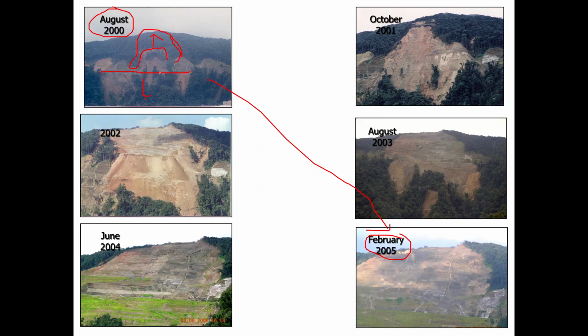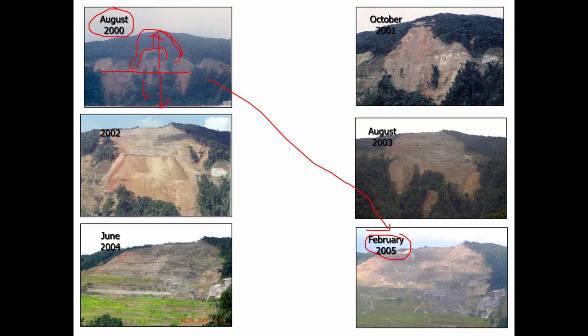For information, from this level to the top of the mountain is 200 meters, and the valley another 200 meters. Total is 400 meters. So this is a huge slope. I think this is the largest slope in Malaysia, a man-made slope.